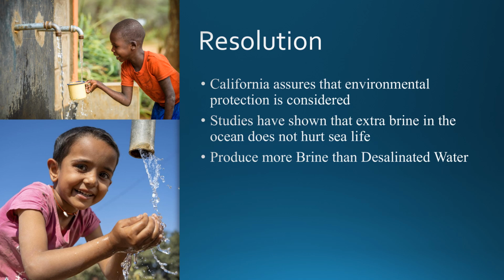And if California is assuring it, the most regulated state out of all of them, you can definitely trust them knowing what they're doing. Studies have shown that extra brine in the ocean does not hurt sea life, contrary to popular belief. And again, brine is produced more than desalinated water.